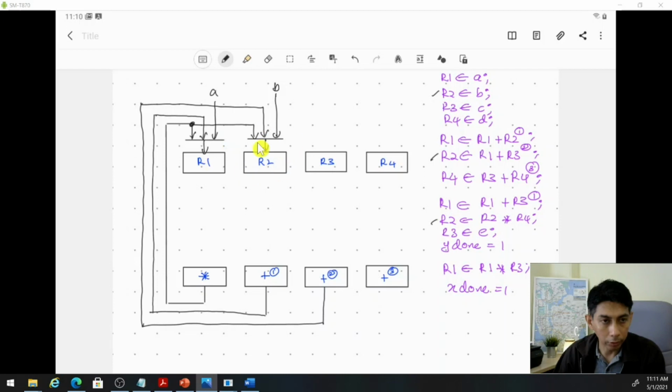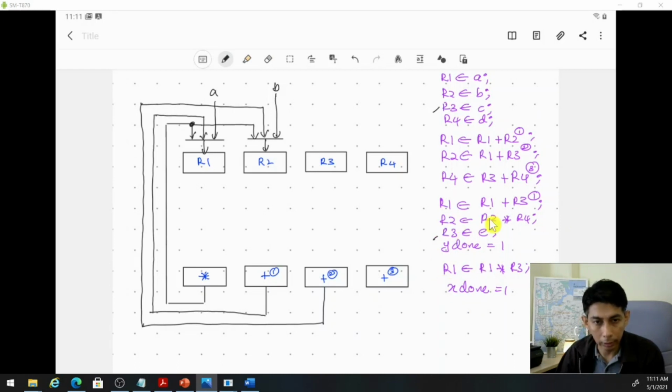So this is for R2, and for R3, so again we need to look at the RTL code. So where is R3? So we have C here for R3. We have E, right? So that's it.